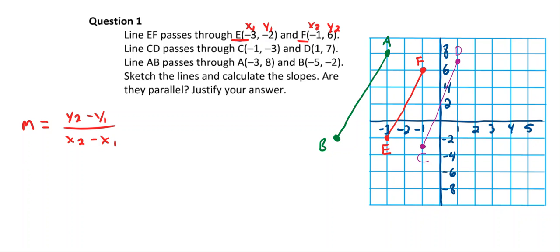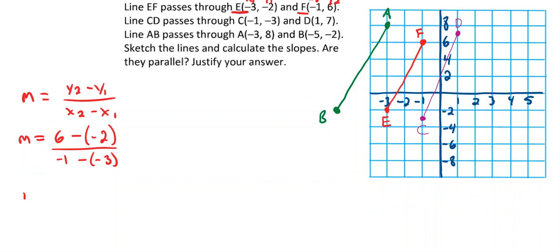So m is equal to y2, which is 6, minus, and just be careful on this one, because y1 is negative 2. So it's 6 minus negative 2, over x2, which is negative 1, minus x1, which is negative 3.